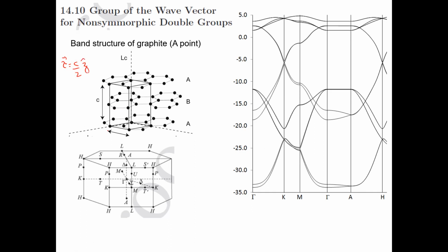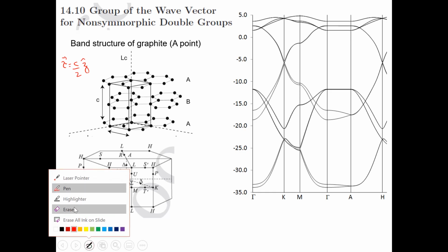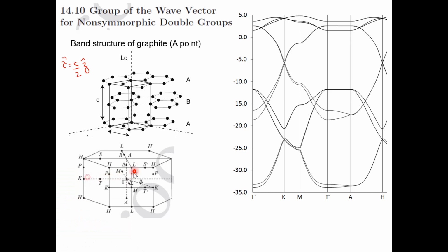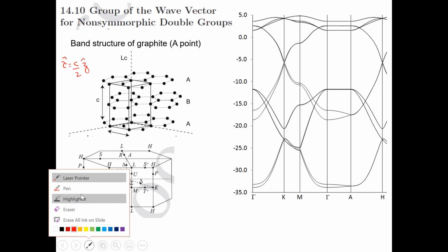Okay, so this is a non-symmorphic group, and because of that, bands will stick together at the A point in the Brillouin zone. The A point is precisely the wave vector associated to this translation.